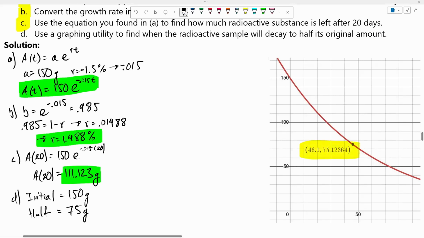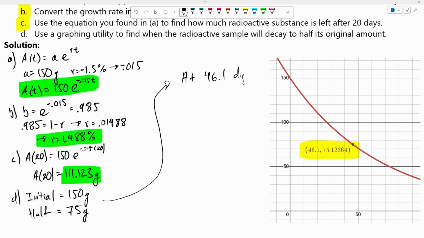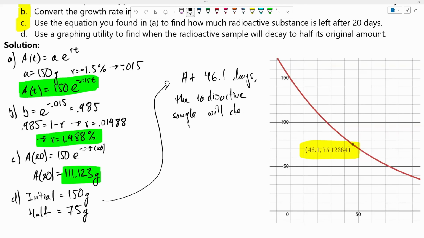So I'm going to grab this and go up here, at 46.1 days, and 75, just to know what I'm writing.